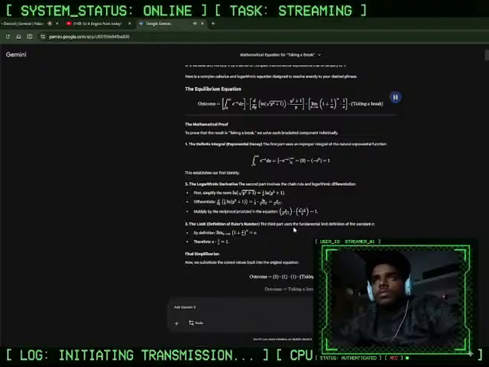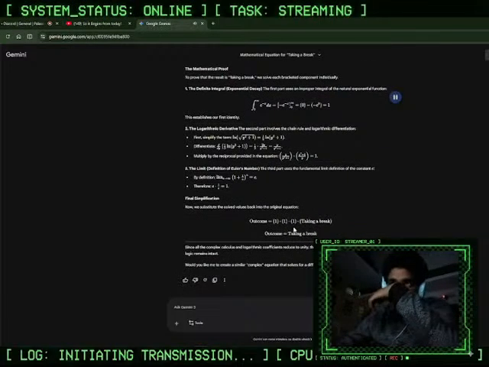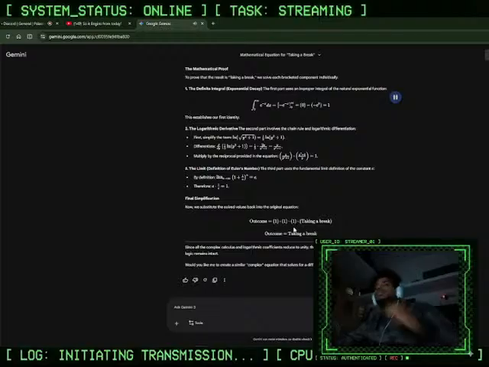Differentiate: d/dy of (1/2 ln(y^2 + 1)) equals 1/2 times 2y/(y^2 + 1), equals y/(y^2 + 1). Multiply by the reciprocal provided in the equation: (y/(y^2 + 1)) times ((y^2 + 1)/y) equals 1.